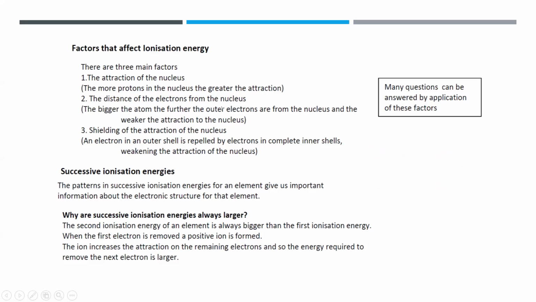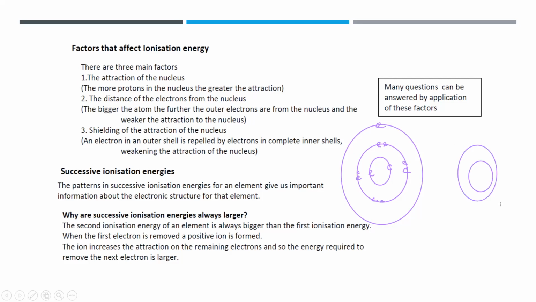And the shielding effect. What is the meaning of shielding effect? Say you have two different atoms. In one, electrons are there: first shell 2, second shell 8, and third shell 1. In another one, first shell 2, second shell only 1 electron.